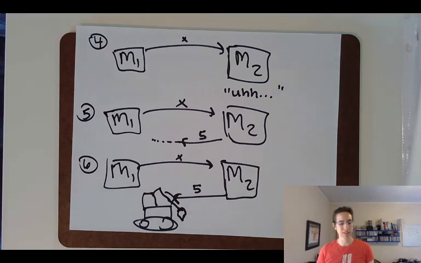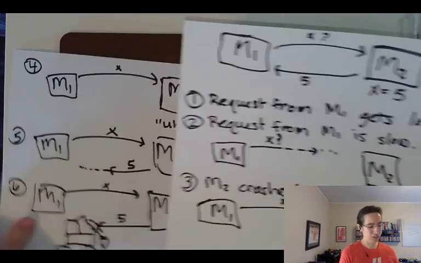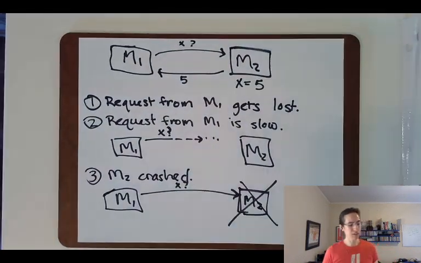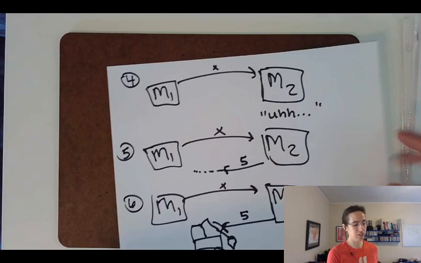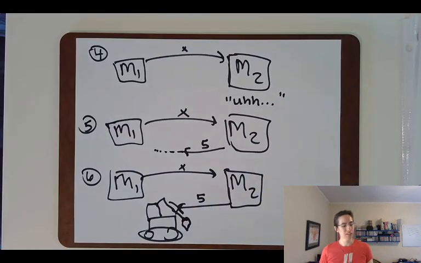So going back to the first one again, the request in the first place could get lost, or the request could just be really slow, or the machine that you're sending the request to could have crashed, or the machine that you're sending the request to could be slow, or the response could be slow, or the response could get lost, right?